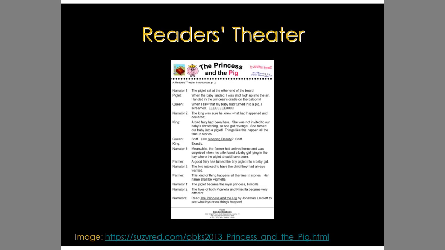To perform Reader's Theater, you don't really need props and things like that. Basically, the idea behind Reader's Theater is that students are given a part and they're expected to practice reading their part aloud with their classmates over and over again until they've developed their character and they're able to read with expression and really act out the part of the character. But again, you don't necessarily need props for doing so.